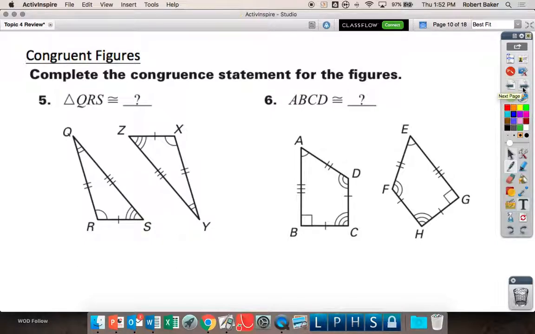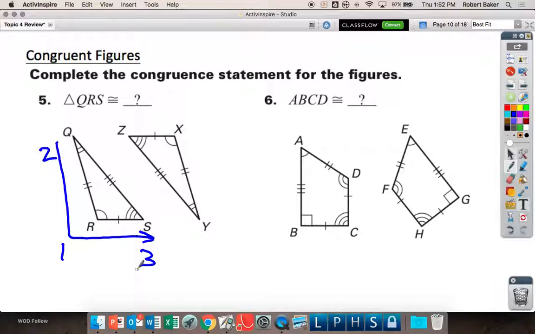We've done this over and over and over again in class. It says, can you write a congruent statement? This was that true and false question yesterday on the quizzes. Remember that one? So it gives you QRS and it wants you to write what it's congruent to. QRS goes from the 2 to the 1 to the 3 marks.